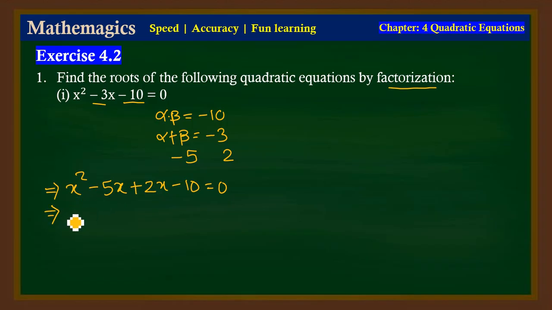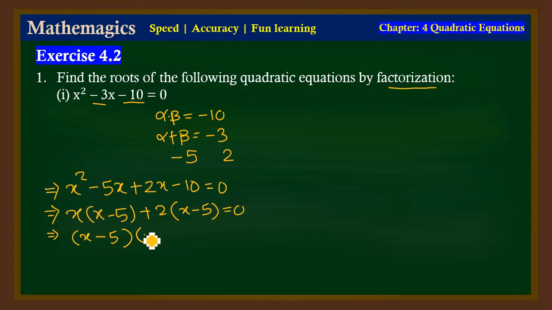From both the cases, I am taking common x. The remaining thing becomes x minus 5. Plus here I am taking 2, then the remaining part becomes x minus 5 is equal to 0. Let me erase, that is a small mistake. So x minus 5, and the remaining part becomes x plus 2 is equal to 0.